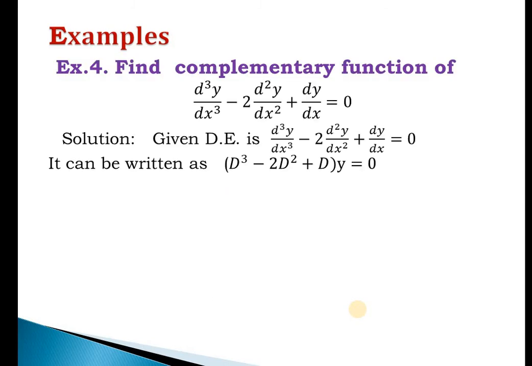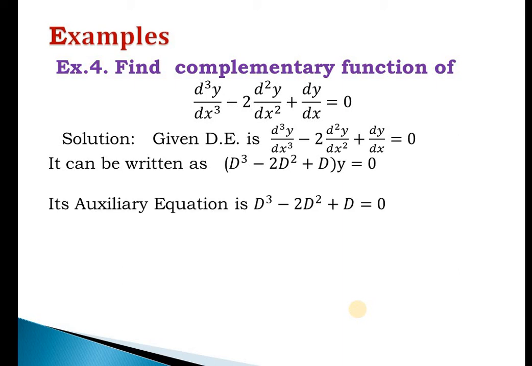Next example: (D cube minus 2D square plus D) y is 0. So the auxiliary equation is D cube minus 2D square plus D is 0. We do not take y in the auxiliary equation, so we get only a polynomial in D. So we find the roots.